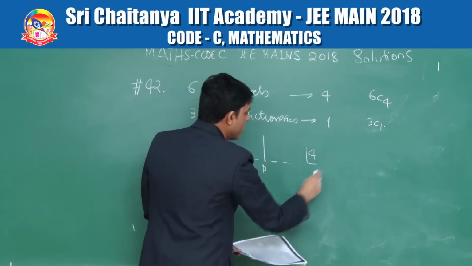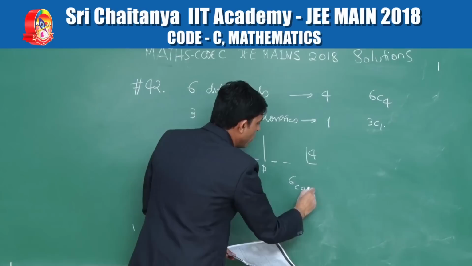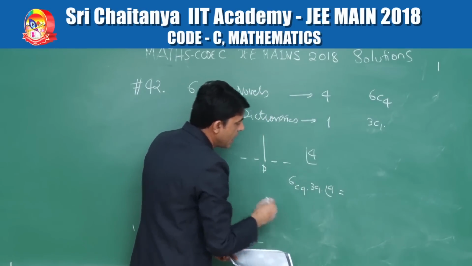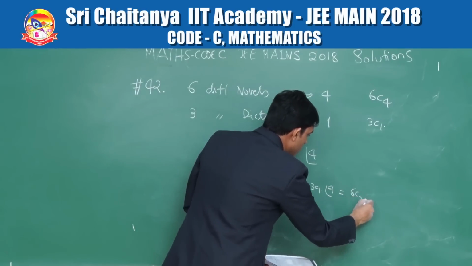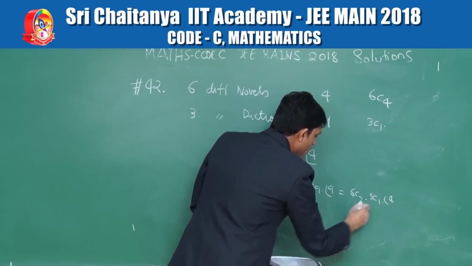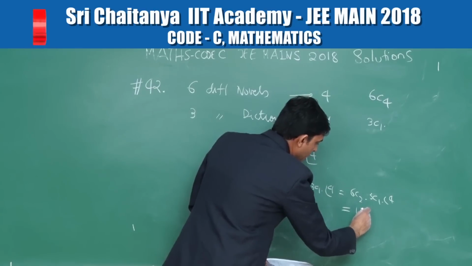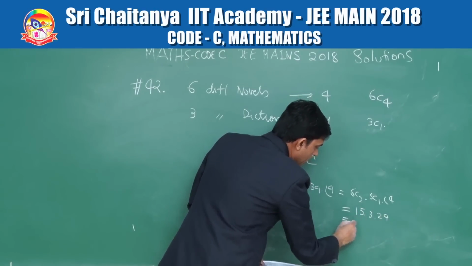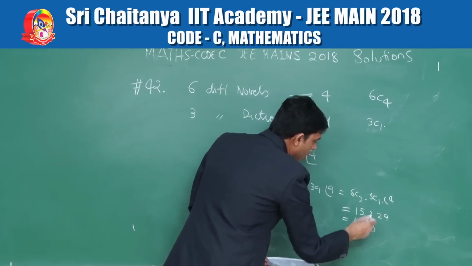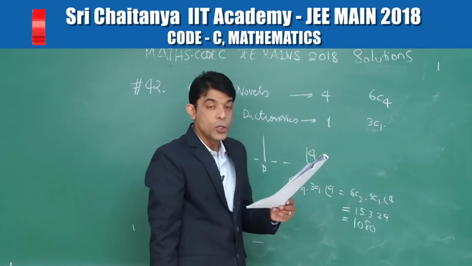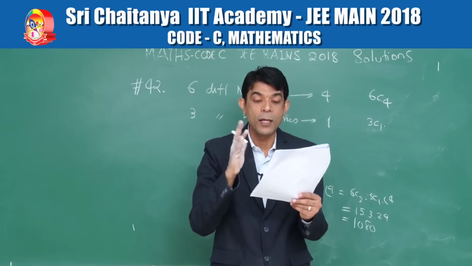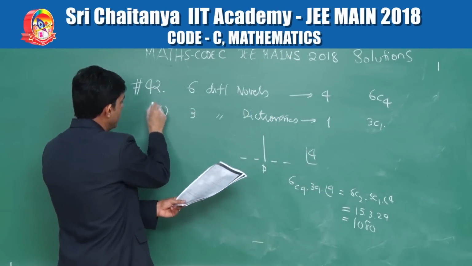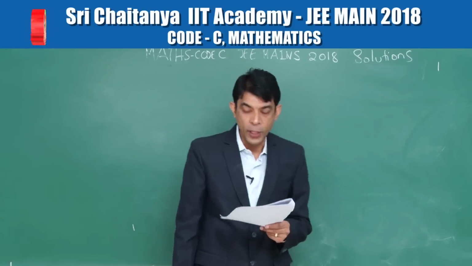Now just multiply all of the 3, you get 6C4 times 3C1 times 4 factorial, and that happens to be 6C2 times 3C1 times factorial 4, so that is 15, then 3, and then 24, and that happens to be 1080. And so choice number 4 that says at least 1000 happens to be correct. So it's choice 4.